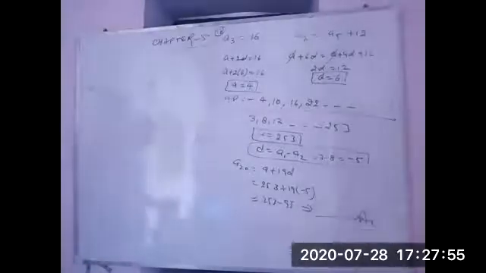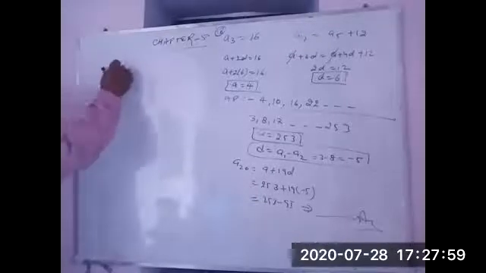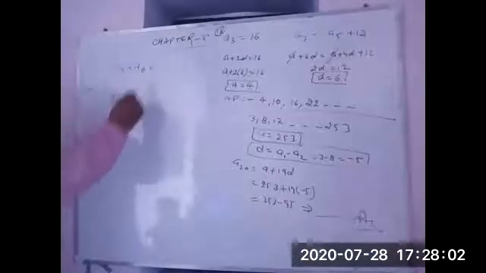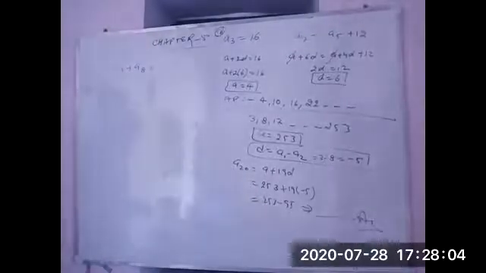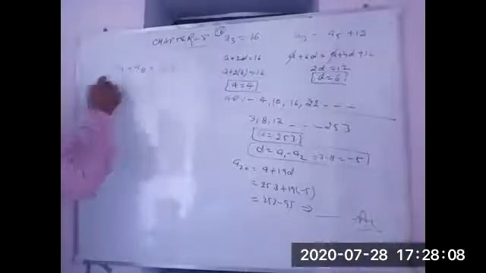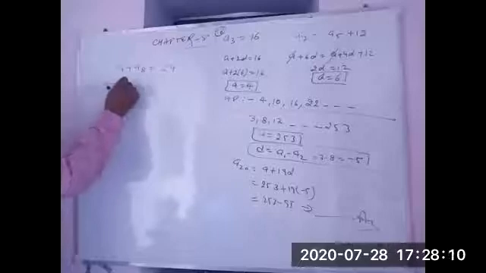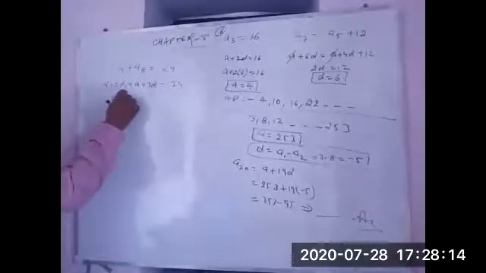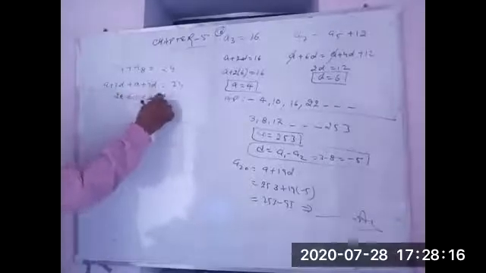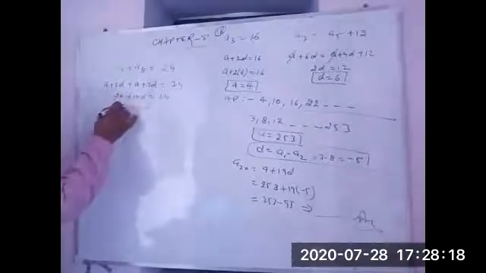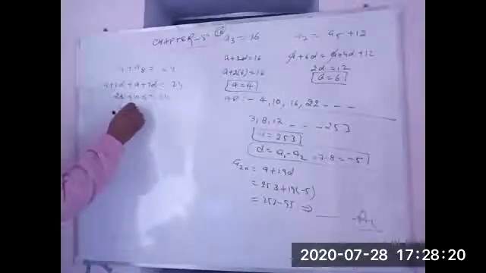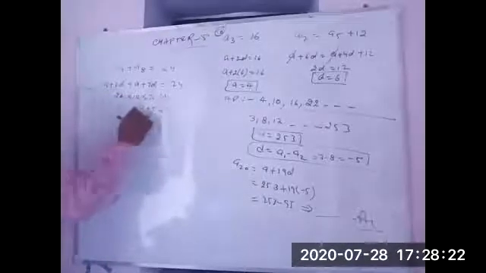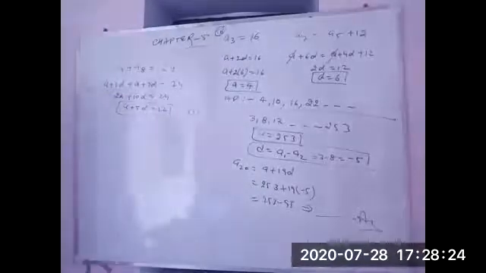The sum of the fourth and eighth terms, A4 and A8, is given as 24. A plus 3D plus A plus 7D equals 24. 2A plus 10D equals 24. Take 2 common from all sides and cancel it. A plus 5D equals 12. Equation number 1.